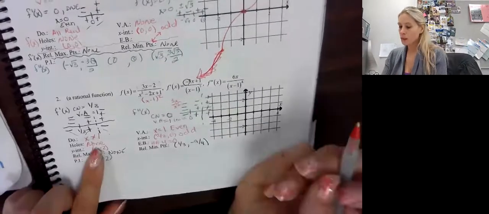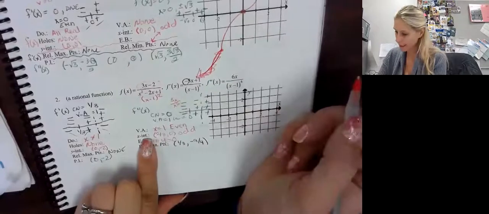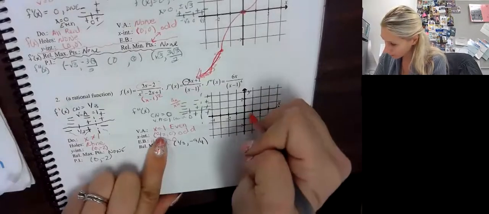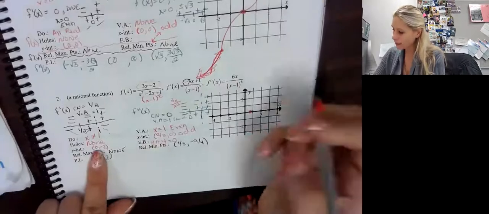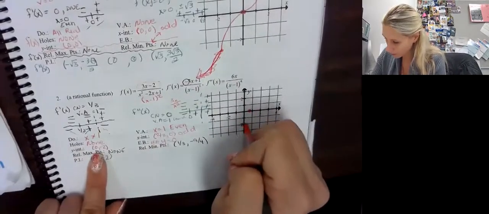All right, let's see if this graph comes out a little bit better than the other one. So I'm going to do all my points first. So I have an x-intercept at 2/3, 0. So that's close to 1, right? I have a y-intercept at 0, negative 2.